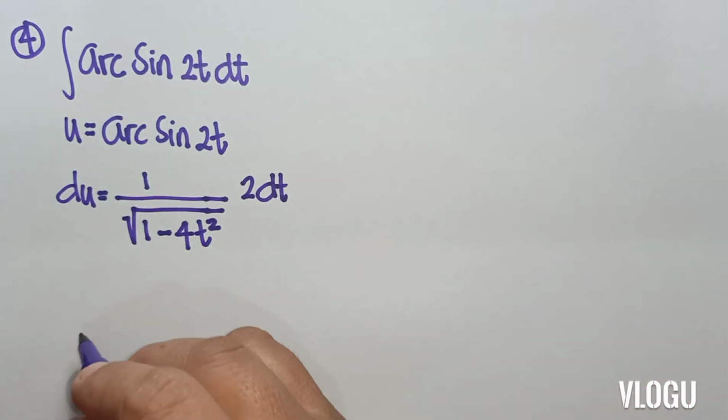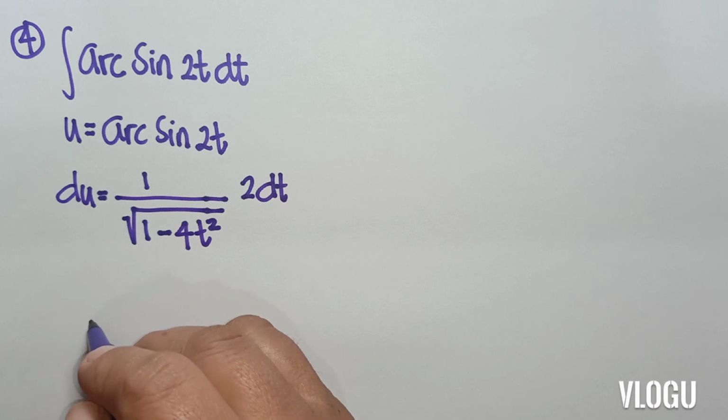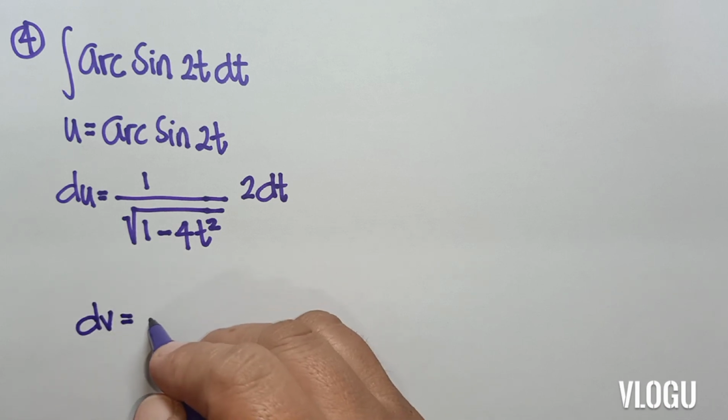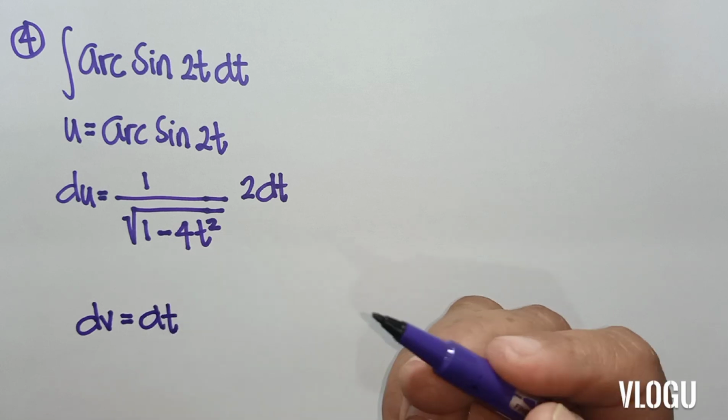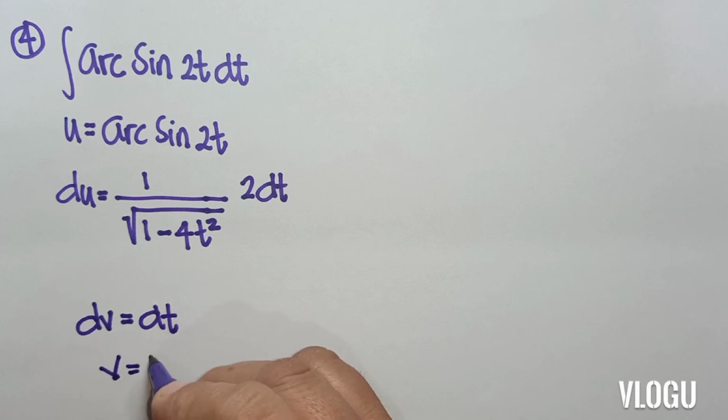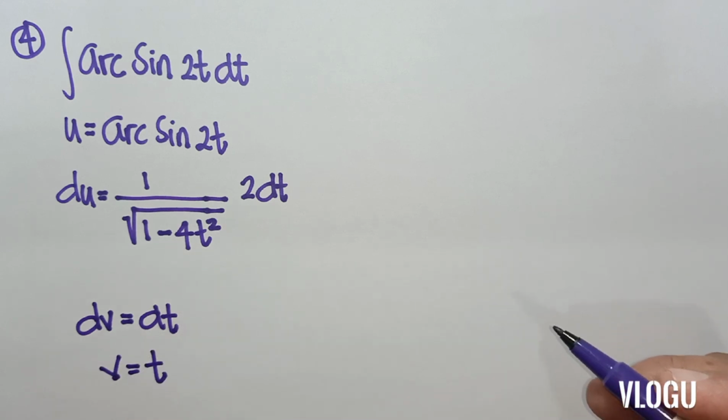Then our dv is equal to dt. Integrating both sides, v is equal to t.